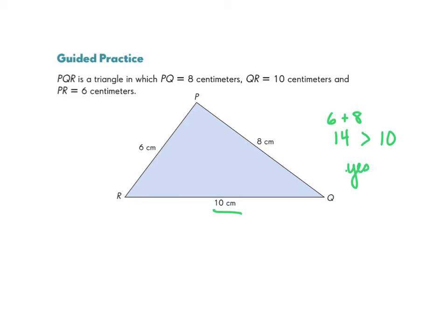Therefore, yes, these lengths of sides, a length of 6 and 8 and 10, create a triangle. Should have written it in one big long sentence at the bottom. 6, 8, and 10 centimeters lengths do make a triangle.